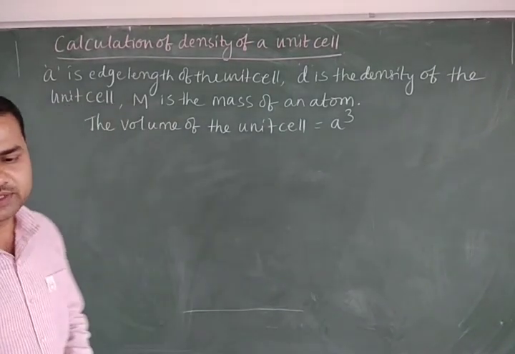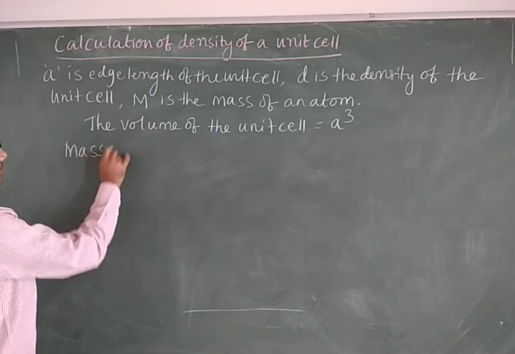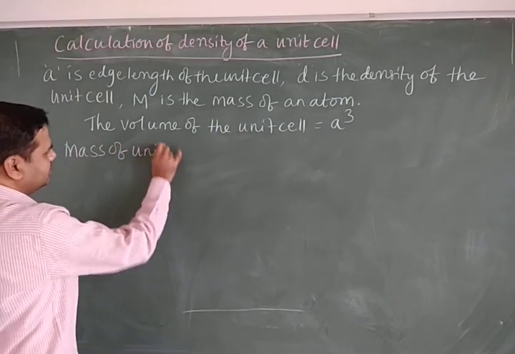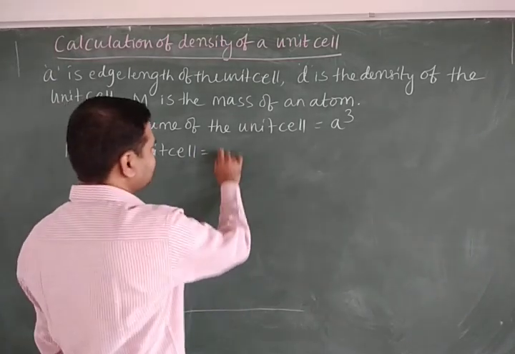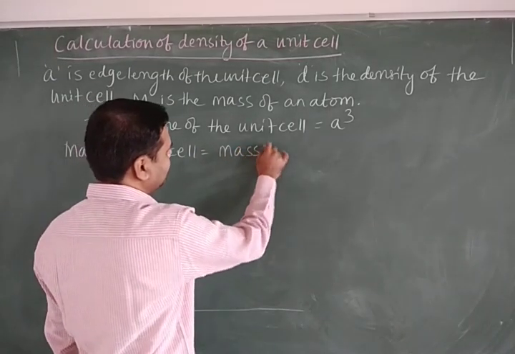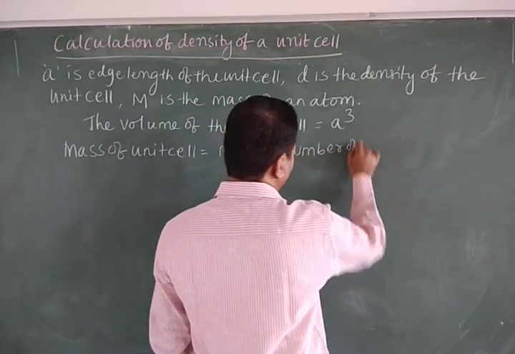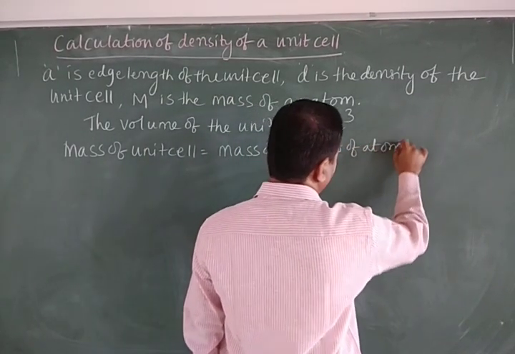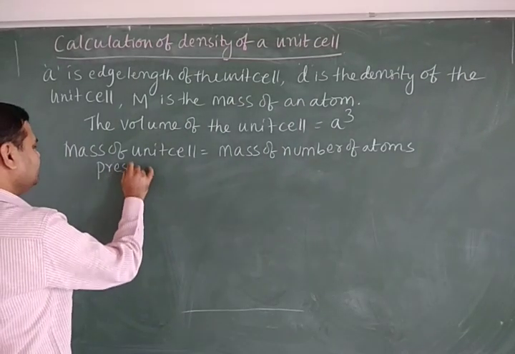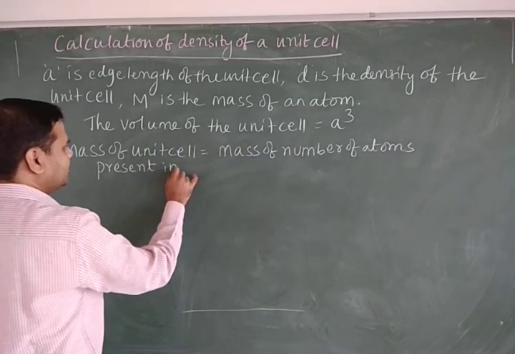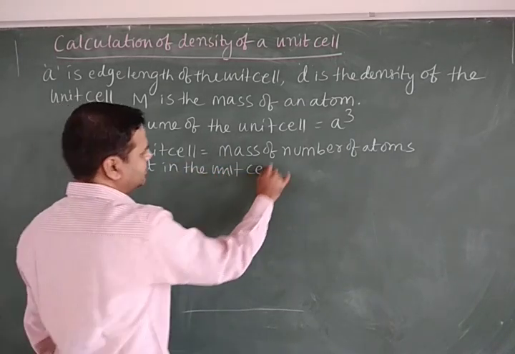And now what I am doing here is the mass of the unit cell. Mass of the unit cell is equal to the mass of the number of atoms present in the unit cell.